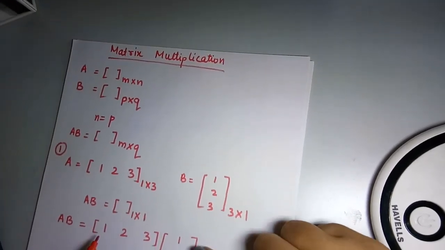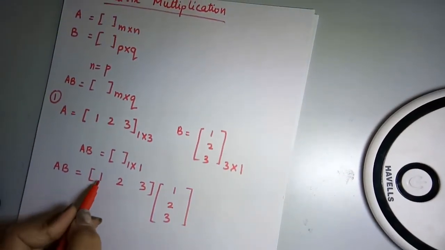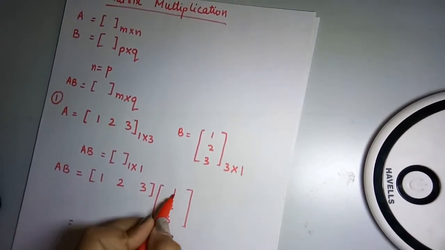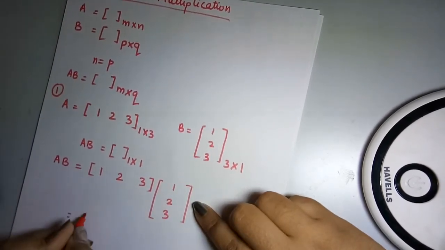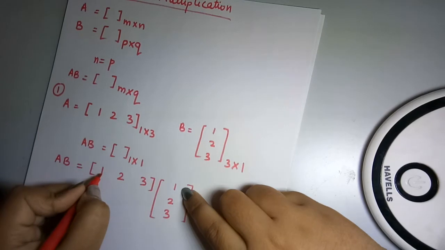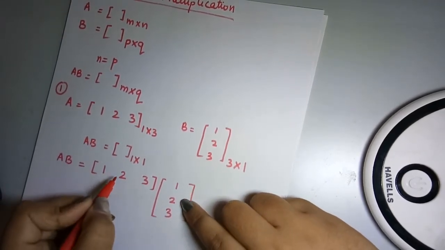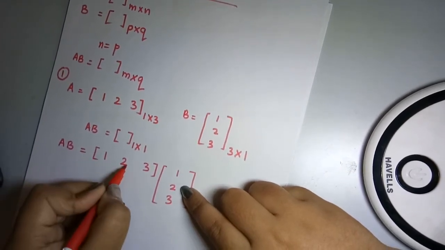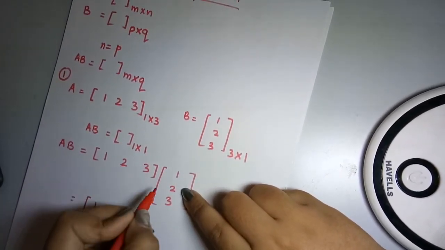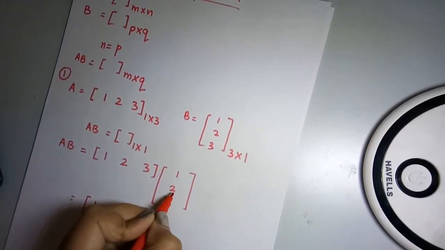Here we will multiply the first element of the first row of the first matrix with the first element of the first column of the second matrix. 1 into 1, 1. Next, we'll multiply the second element of the first row of the first matrix with the second element of the first column of the second matrix.